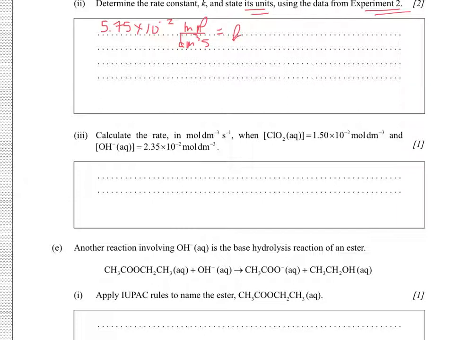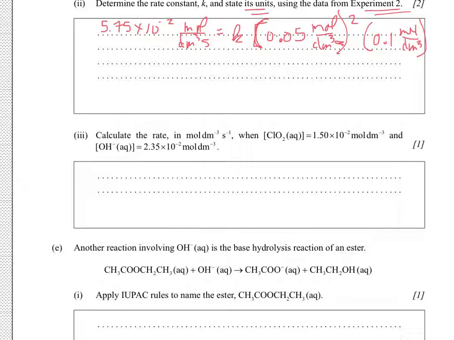That's going to be equal to K times the concentration of ClO2, which is 0.05 moles per decimeter cubed, and I'm squaring that, and then the concentration of the hydroxide, which is 0.1 moles per decimeter cubed.